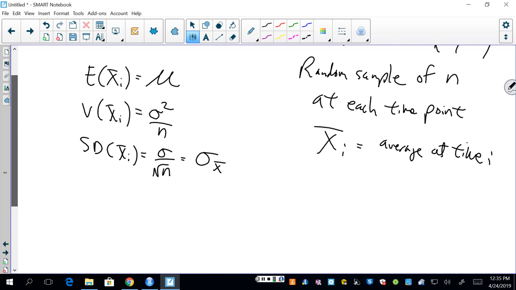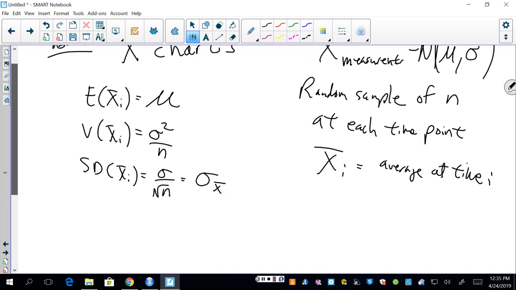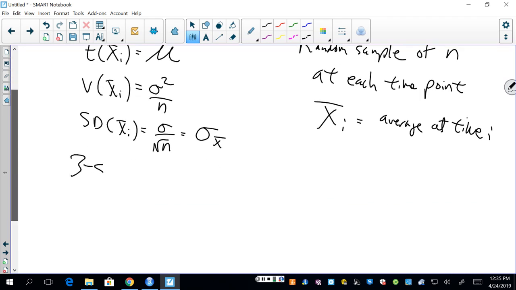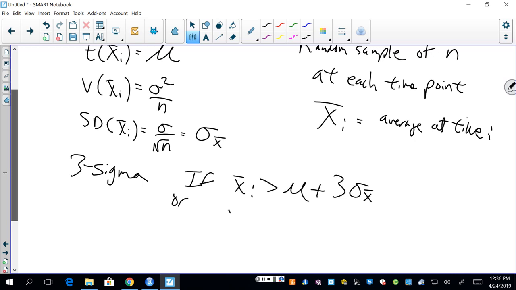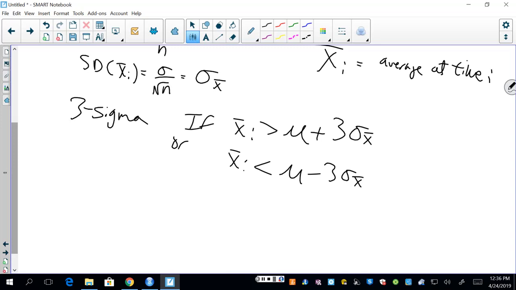And so one control chart idea is called 3 sigma, right? If we get an x bar i more than the mean plus 3 standard errors, or x bar i is 3 standard errors less, then declare the process out of control.